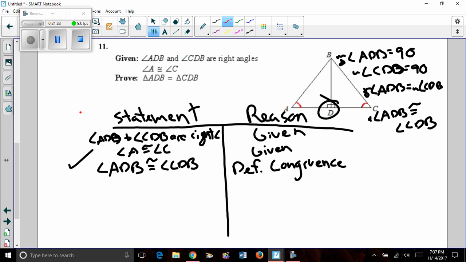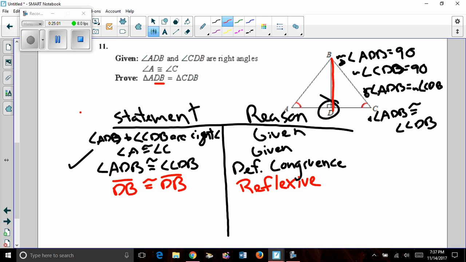Next, notice they share a side. BD, or I'm sorry, I should go in the order of DB, since that's the order it's written in here, is congruent to DB by the reflexive. Again, one of our most helpful tools.